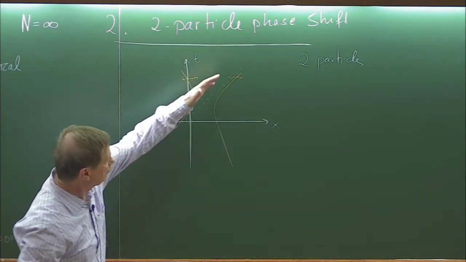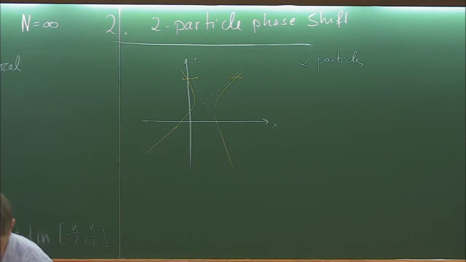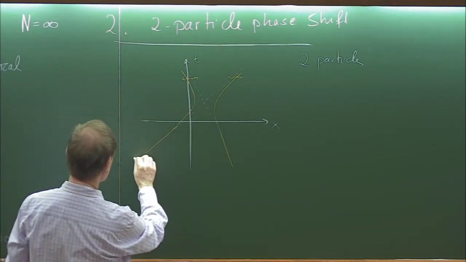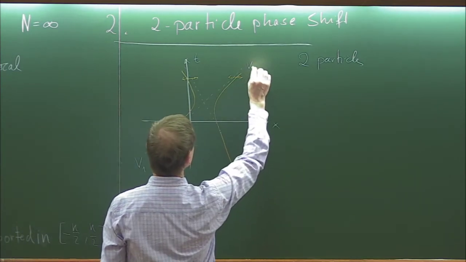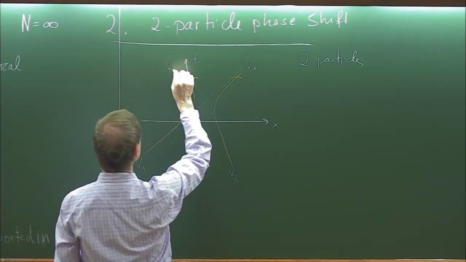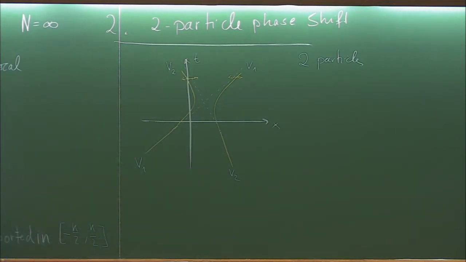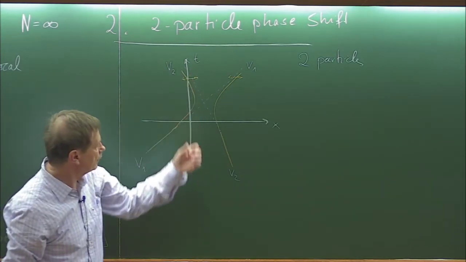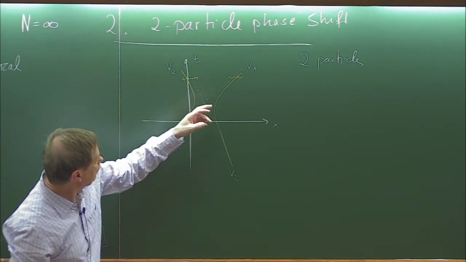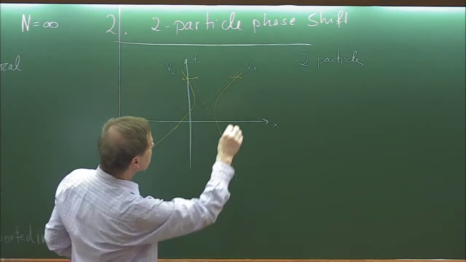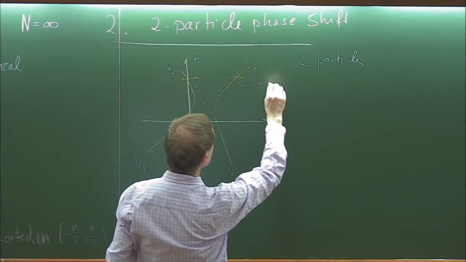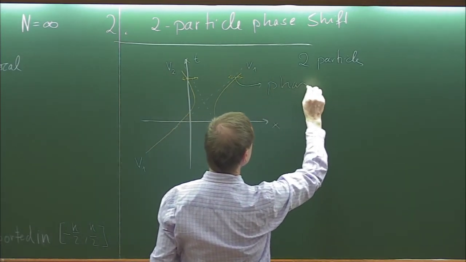Asymptotically, they will still be moving with a constant velocity. In fact, as you can see from the picture, if this is v1 and this is v2, then this is actually v1 and this is v2, right? So the order is interchanged. But on top, they are displaced by something of order 1. And this order 1 is the phase shift.